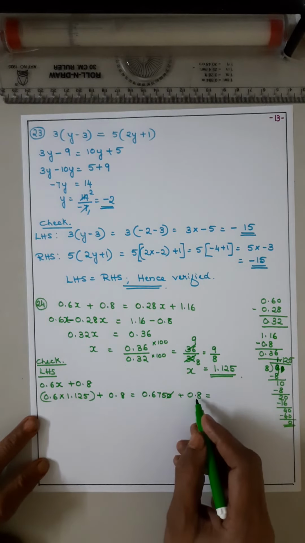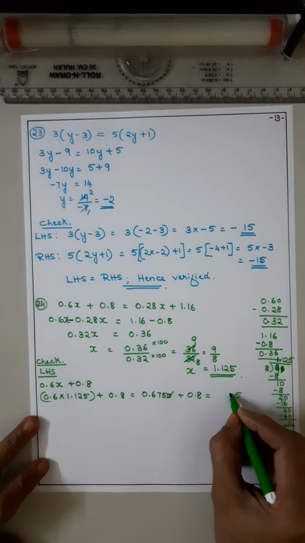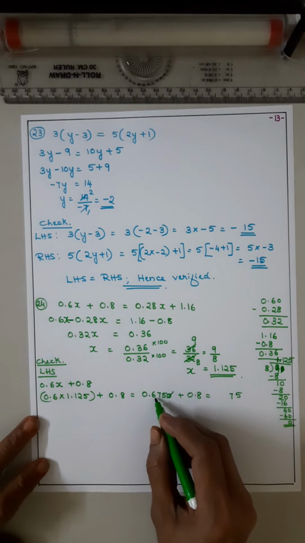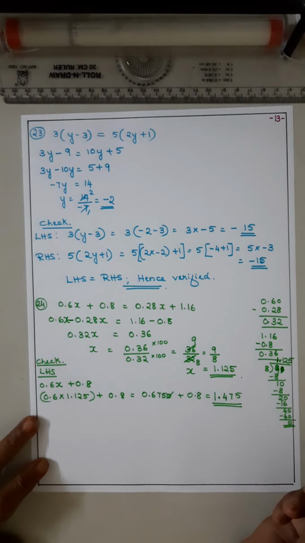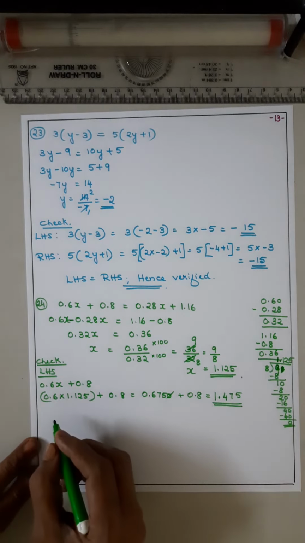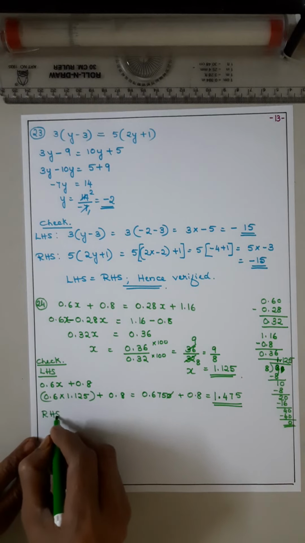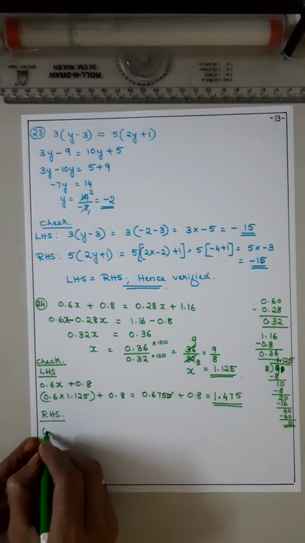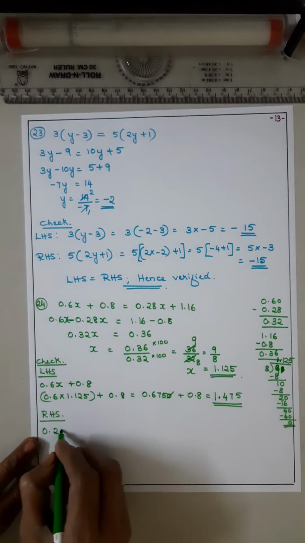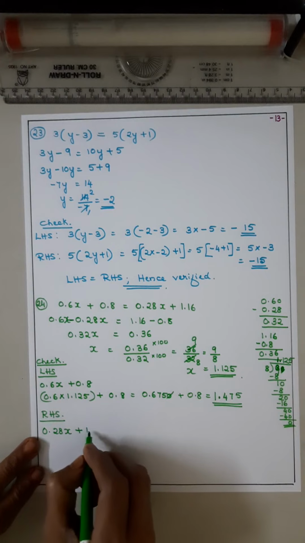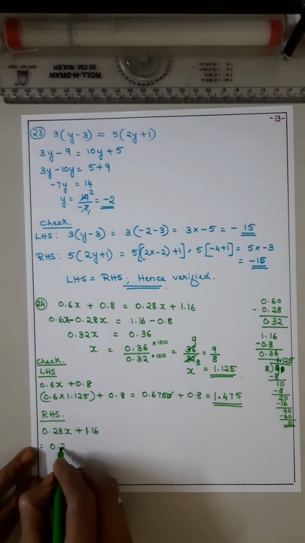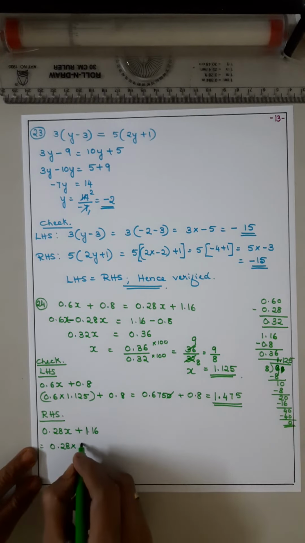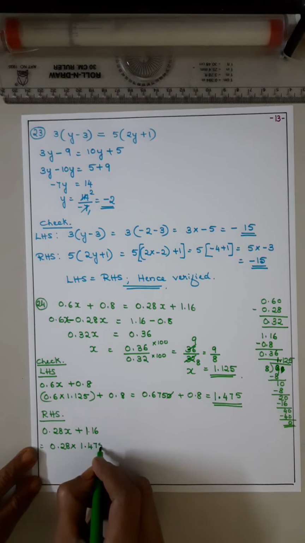Now you add, it will be 5, 7. Now 8 plus 6 will be 14, is 1.475. Now coming to the RHS, it is 0.28x plus 1.16. Okay, you put the value 0.28 into 1.475.